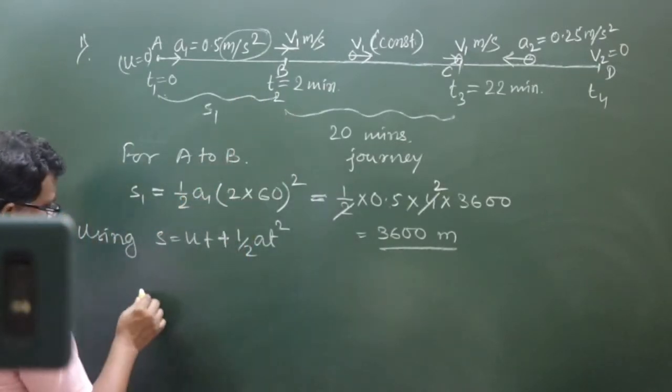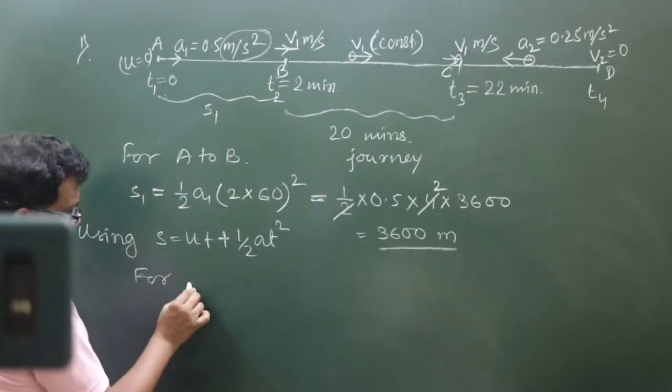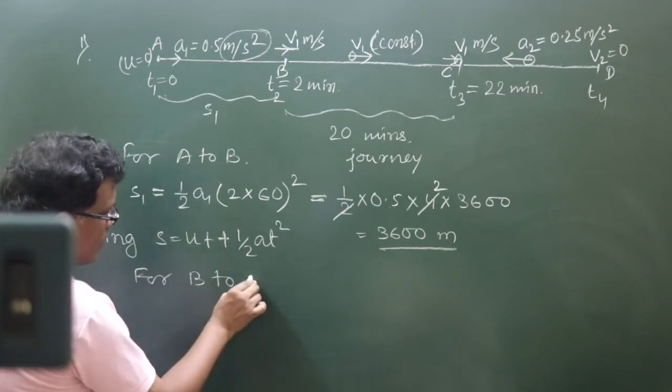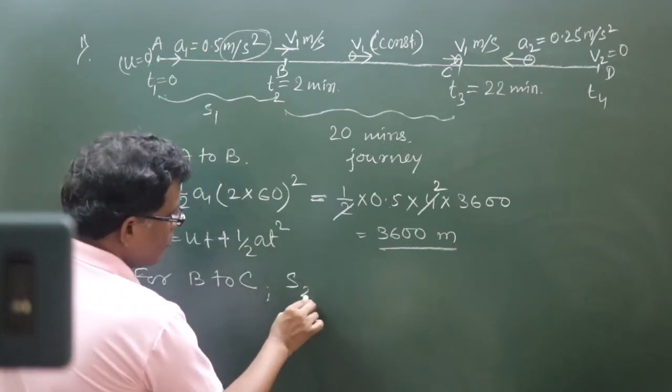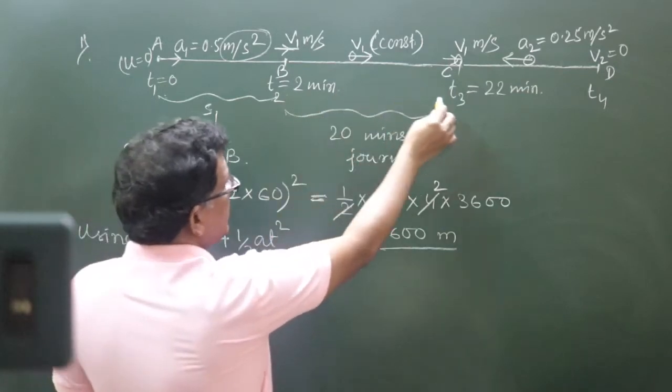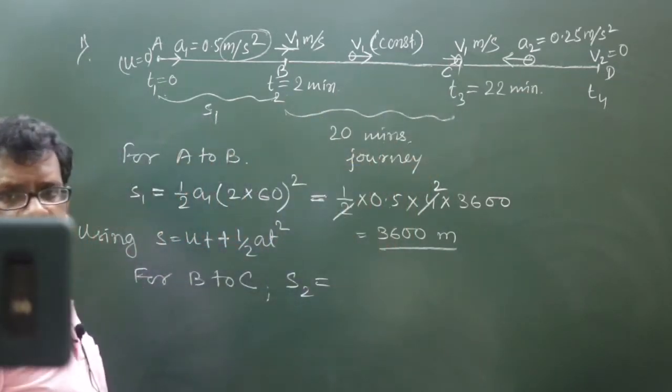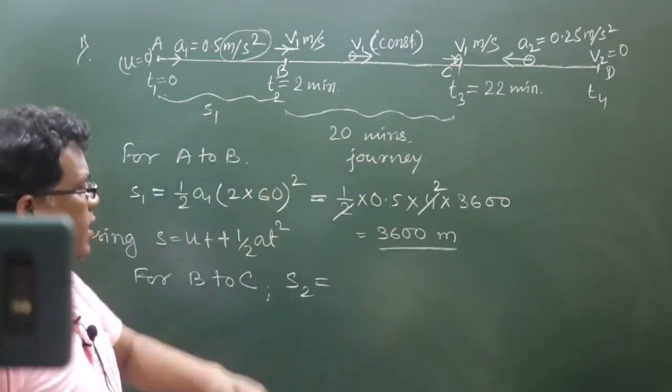Then the second part, the journey from B to C, that is S2, is the distance covered in 20 minutes at a constant velocity.